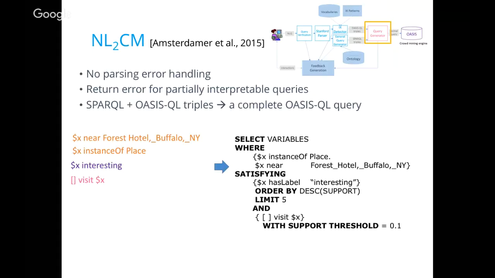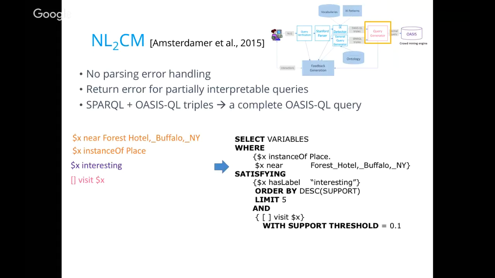If the query is not fully interpretable, like if the IX and the generic parser handling do not interpret the entire query, then it will just return an error. For those that are fully interpretable, it will generate the SPARQL as well as the Oasis query triples, then merge those triples into a complete Oasis query and search against the Oasis system.